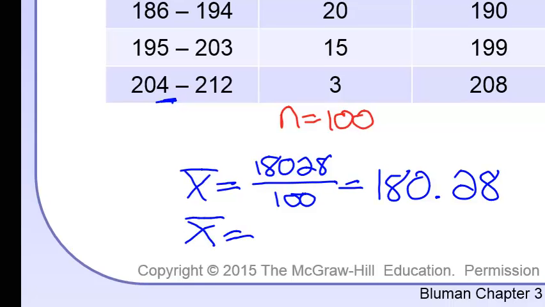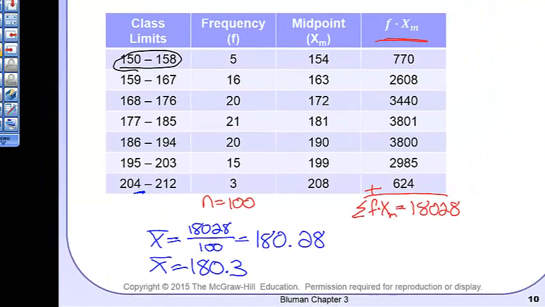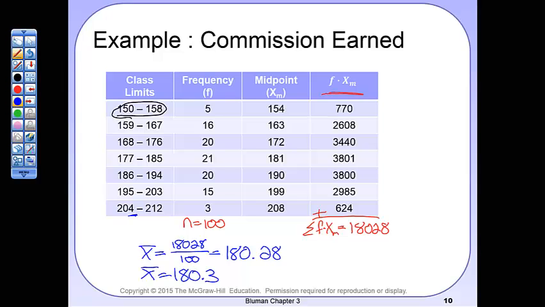So my mean is going to be 180.3. So the mean commission earned by these 100 salespeople is $180.30. So that's the mean commission earned by these people. Again, we need to make sure that we're adding these last two columns, and then we're going to total up column 2 and column 4.